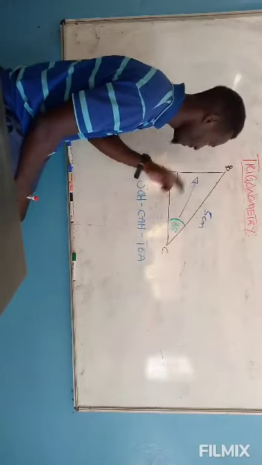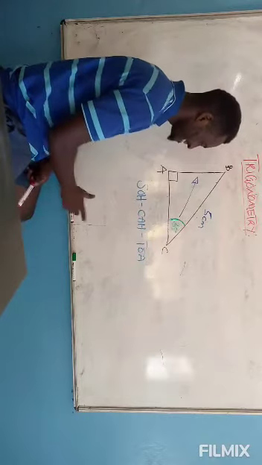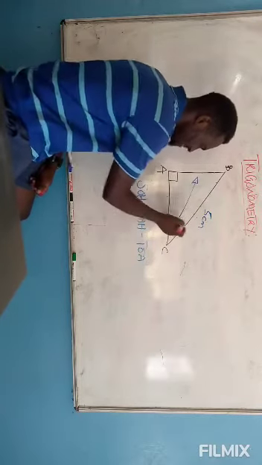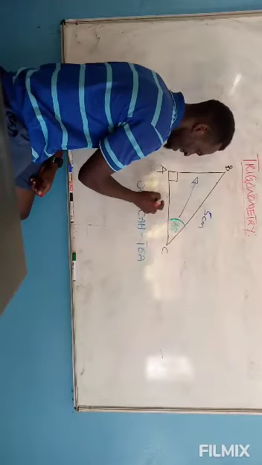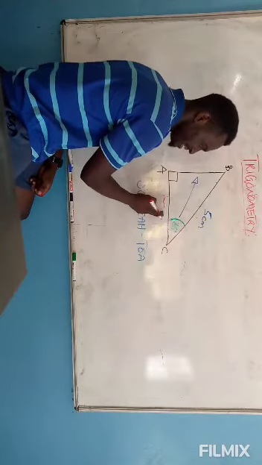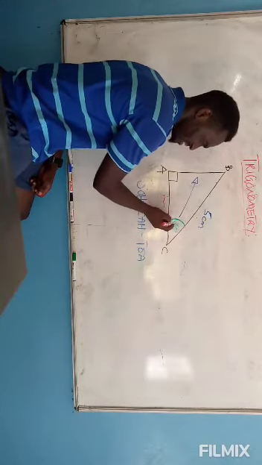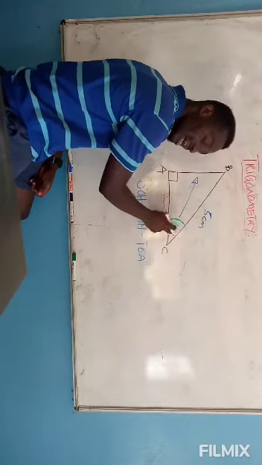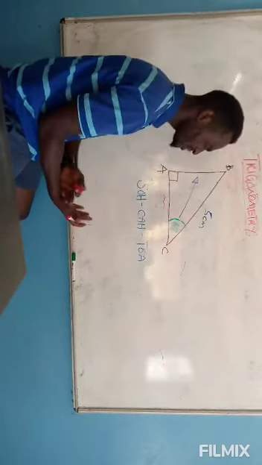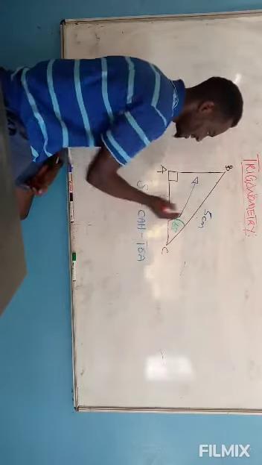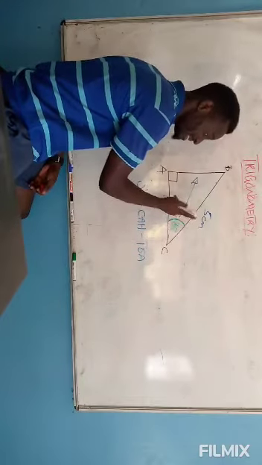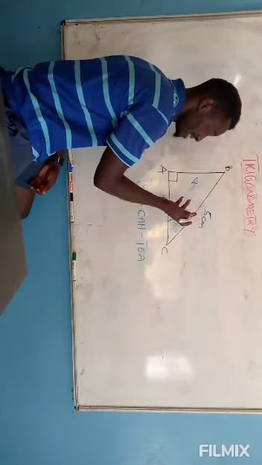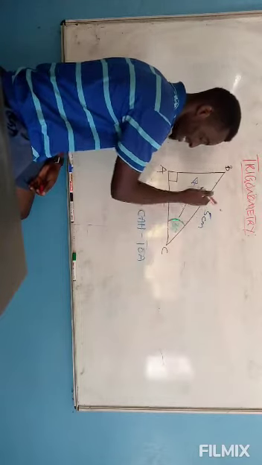So first of all, I have to identify. If this is my angle here, this side is adjacent to this angle. And the other side that I have been given is the hypotenuse.